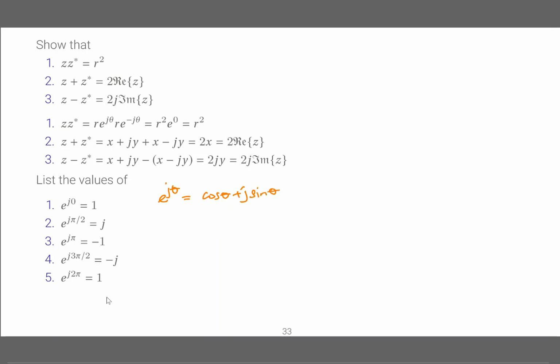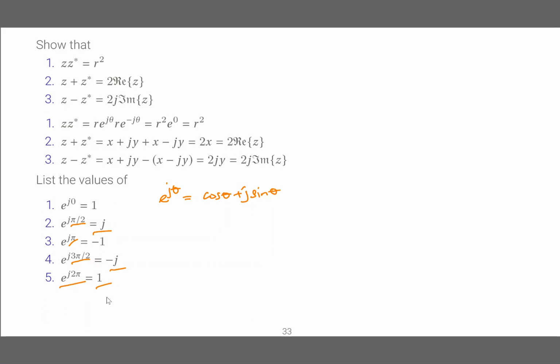By looking at this, you can get these values, but it's good to remember these things. So when theta is equal to pi by 2, you know that cosine is 0 and sine is 1, so therefore you get j. If the angle theta is pi, cos pi is minus 1, sin pi is 0, so you get minus 1. For 3 pi by 2, you get minus j, and for 2 pi, you get 1. Okay, so let's remember these values also, which would make our life much easier.